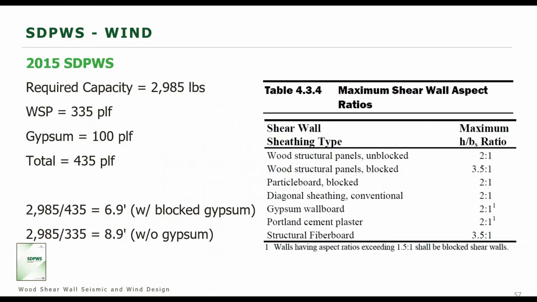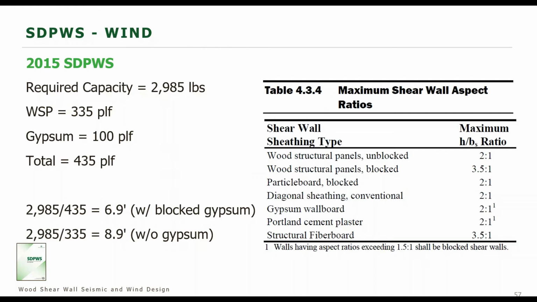So if we look at our required capacity, that hasn't changed from the WFCM example. So it's 2,985 pounds is the demand. For the wood structural panel side of the wall, we assume that it's 335 pounds per lineal foot for the exterior capacity, and then 100 PLF for the gypsum on the interior.